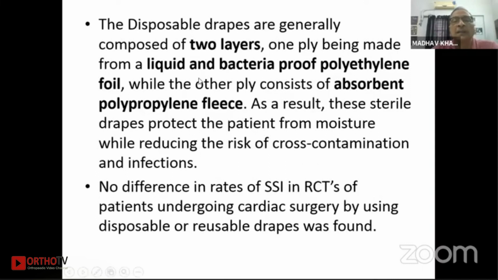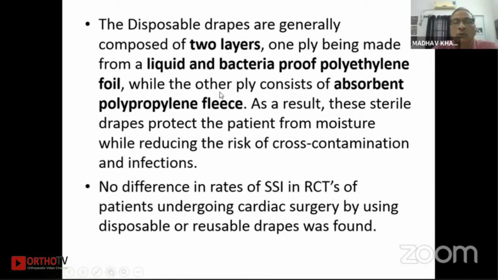The disposable drapes are generally composed of two layers, one ply being made from a liquid and bacteria-proof polyethylene foil, while the other ply consists of absorbent polypropylene fleece. As a result, these sterile drapes protect the patient from moisture while reducing the risk of cross-contamination and infections.